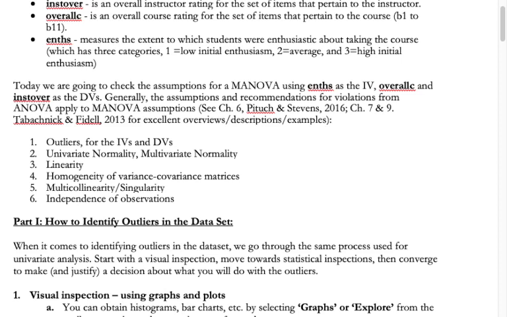Linearity, so is the relationship between things linear? Because if it isn't, these stats won't work. It's based on linear relationships. Is there that homogeneity in the variance-covariance matrices? We don't want multicollinearity or singularity. We want independence of observations, as always.